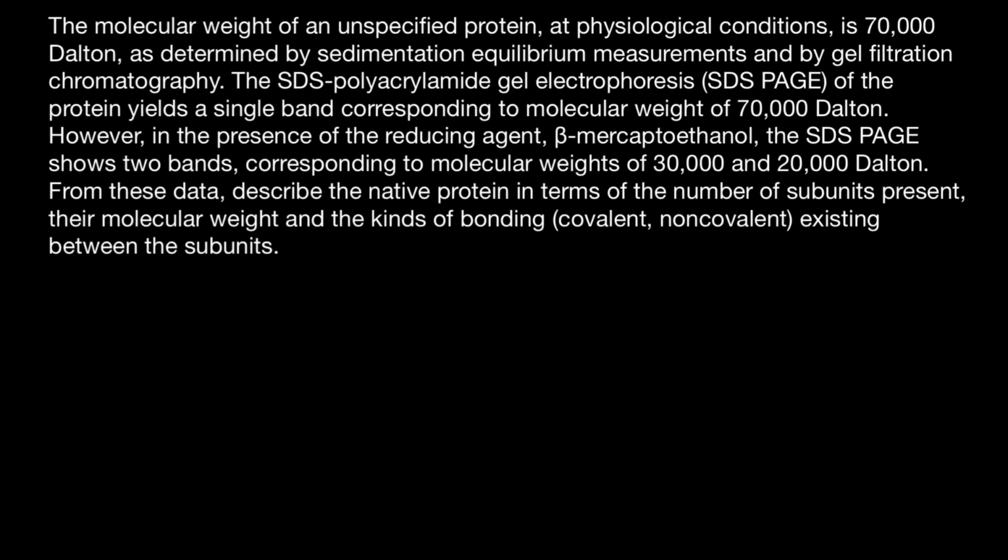Take a look. We're using a reducing agent, beta-mercaptoethanol, which breaks disulfide bridges between polypeptide chains. Let's say that one protein consists of 3 polypeptide chains, and between these 3 polypeptide chains we have disulfide bridges like this.